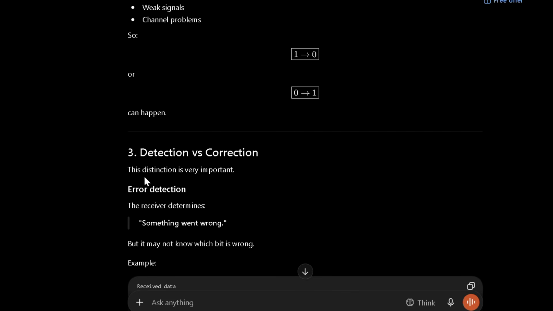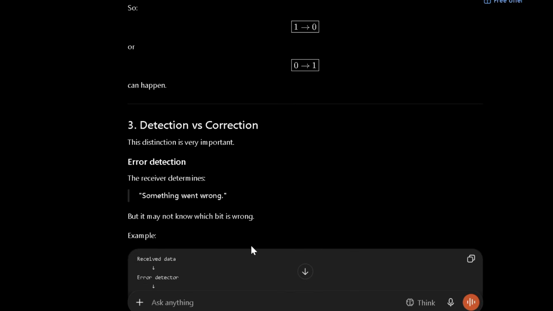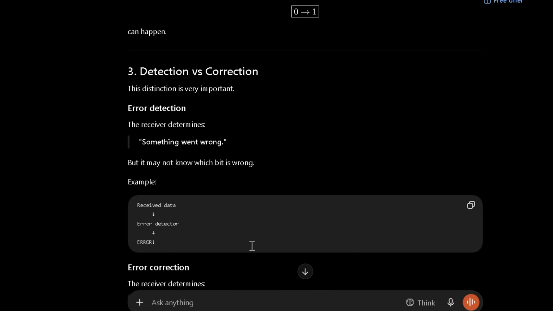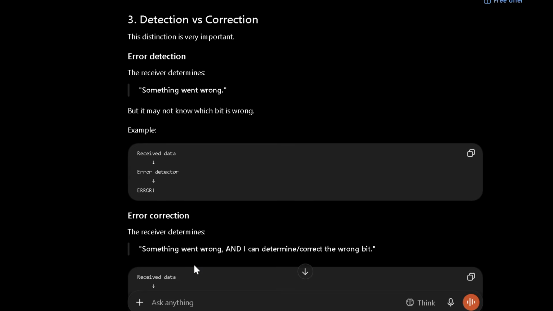Error detection: the receiver determines something went wrong, but it may not know which bit is wrong. Example: received data, error detected. Error correction: the receiver determines something went wrong, and it can also determine and correct the wrong bit.